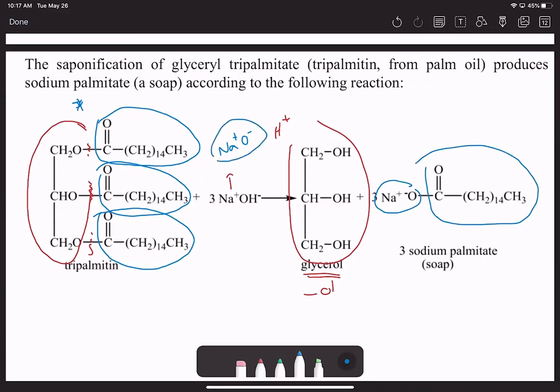Right? So anything I have circled in blue, that's how we bond it together. We bond it over how we see the stuff in blue. The stuff in red over here, right? So we get our alcohol back. So this is just kind of how we match things up. But this is what's going to be considered our soap, right? Is the long carboxylate salt on there. You can kind of use this as a template, I believe.